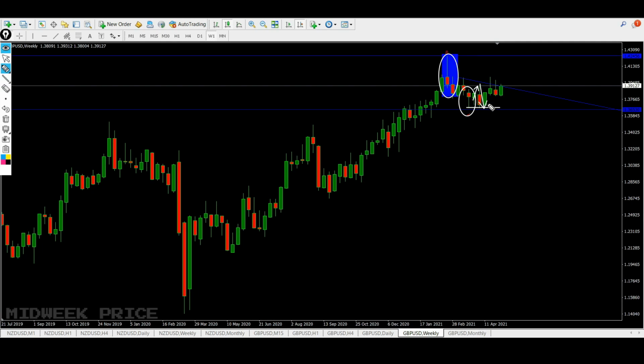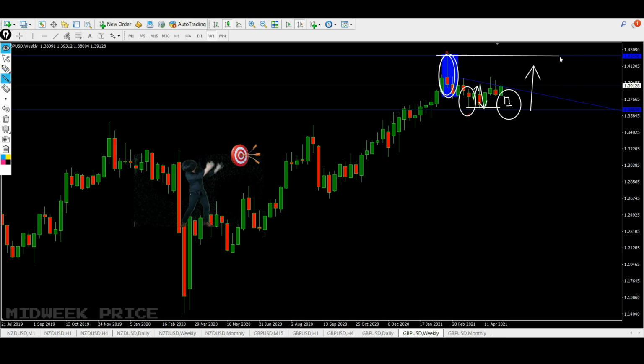Now at this point, I'm waiting for another long trade to form so I could gauge its strength. And if this long trade happens to be stronger than this short trade, then that's along with our medium term bias. So I'll take that long right up to this pivot high as a target.